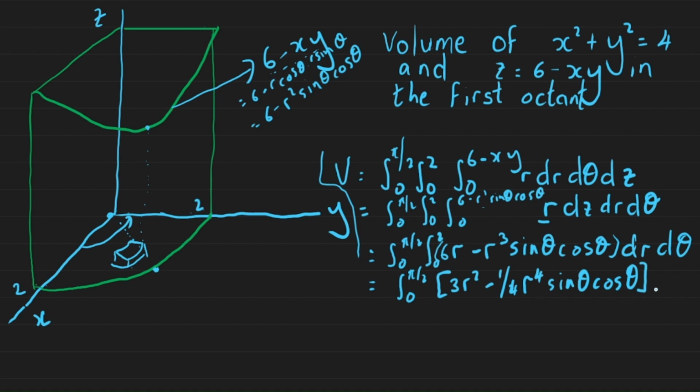And of course, this is integrated from 0 to 2. And then evaluating this by substituting in 2, what we get is 2 squared is 4, 4 times 3 is 12. And then 2 to the power 4 is 16, 16 divided by 4 is 4. And sine theta cos theta remains as is.